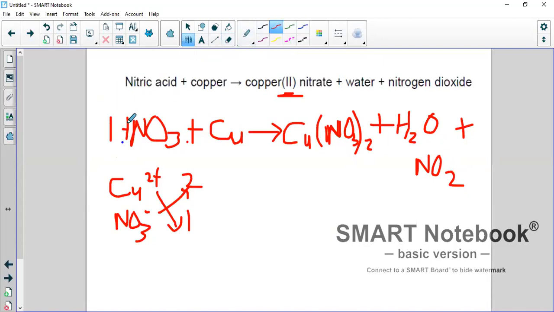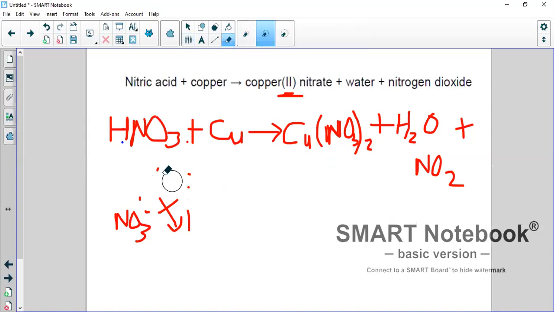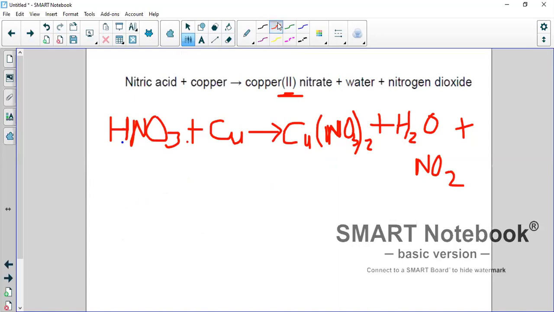So here we've got hydrogen. Let me just do it like this. Let me rub this. Right. So we start with hydrogen here. I've got 1. Hydrogen there are 2.